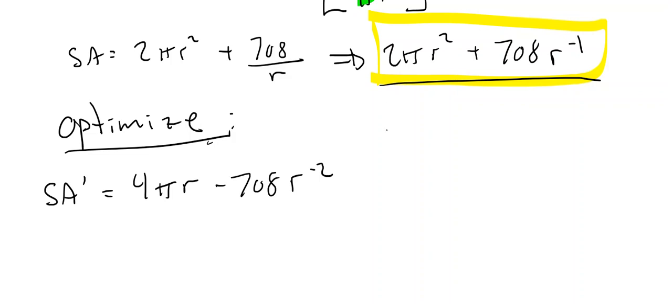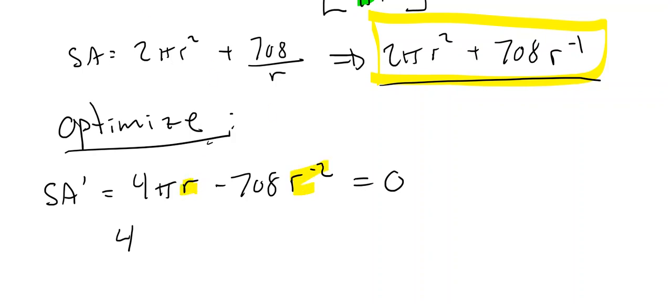And then what we want to do is set the derivative equal to 0 and solve for r. So the first thing I can do is take out a common factor of 4. I can take out the lowest power of r. So once again, this is r to the first, r to the negative 2.